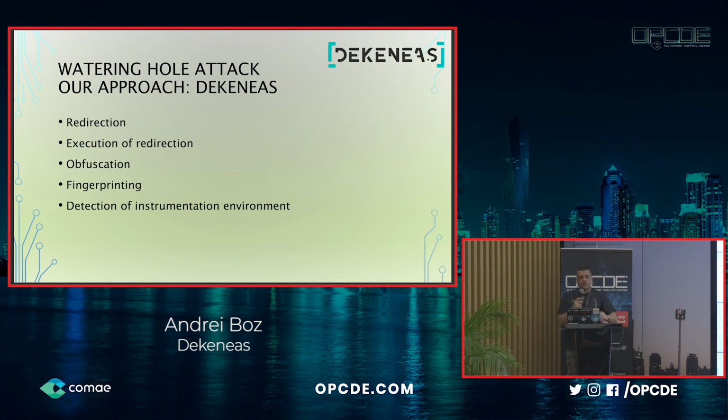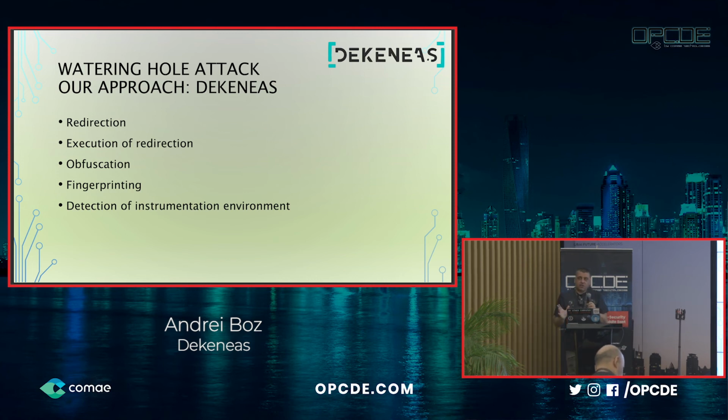Also, another feature is that they need to fingerprint the target, the victims. They need to understand what technologies the victims use in order to redirect them to the appropriate exploitation server. Also, as we stated previously, they have instructions that try to detect the instrumentation environment.